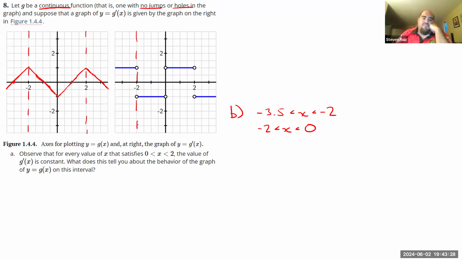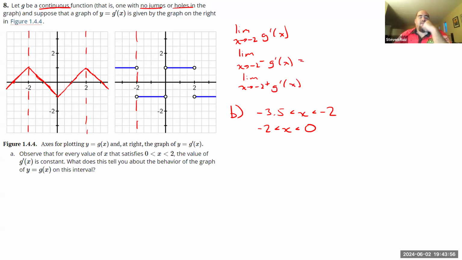I'd illustrate this at a couple of different points, but let's do this. What is the limit as x approaches negative 2 of g prime of x? To talk about that, let's talk about the one-sided limits. What's the limit as x approaches negative 2 from the left of g prime of x, and as we approach it from the right?